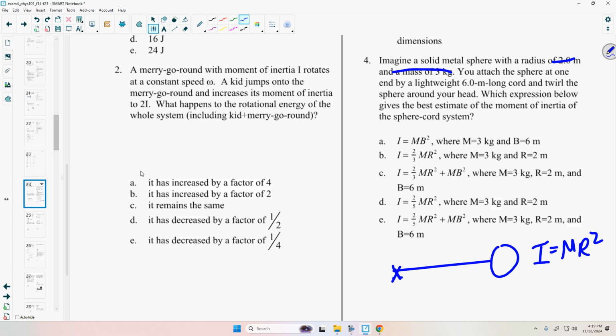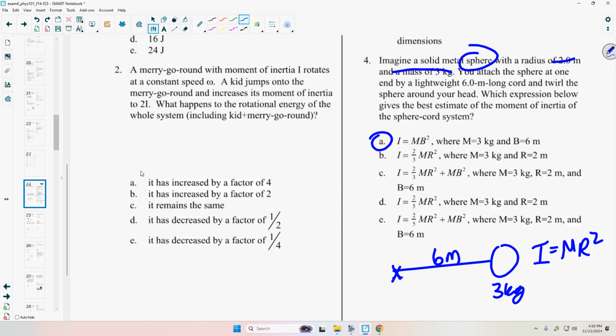I'm not treating it like a sphere. That it's a sphere is irrelevant. So I know that this distance is 6 meters and the mass is 3 kilograms. So it's going to be mr squared, or mb squared, I guess I called it here. So the answer should be A.